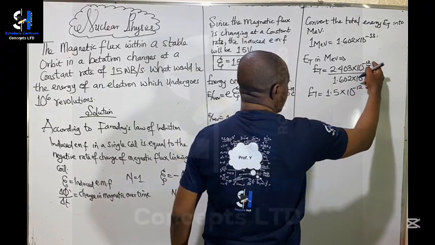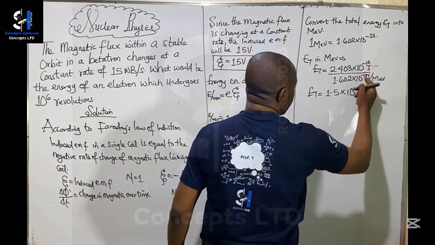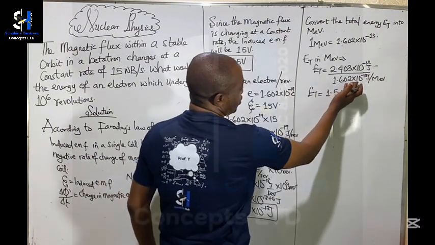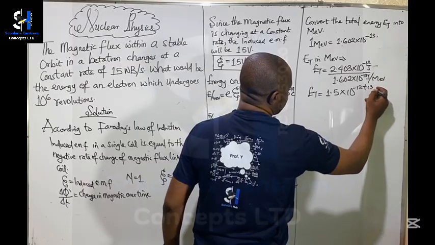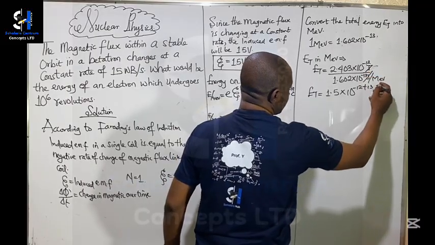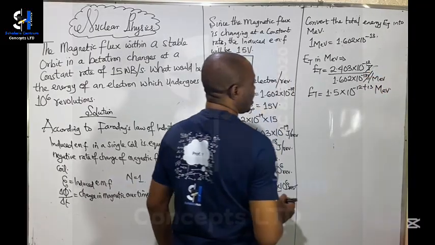Now I'm going to subtract the exponent of the one under, that's 10 raised to the power of negative 13, so it will be added to negative 12, giving plus 1. So joules will cancel joules, so the unit will be in mega electron volts.